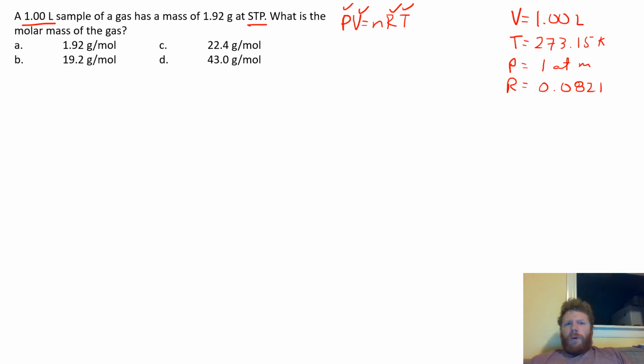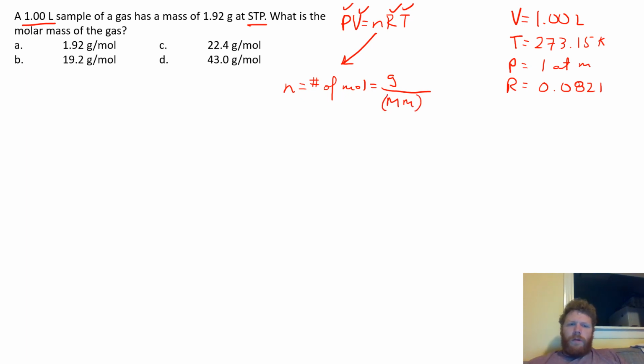Now the sticking point, and essentially what this question is asking, is what is the molar mass of this gas? What we need to do is recall that n is equal to the number of moles, and that is equal to the mass of a substance, or g, divided by the molar mass of that same substance.